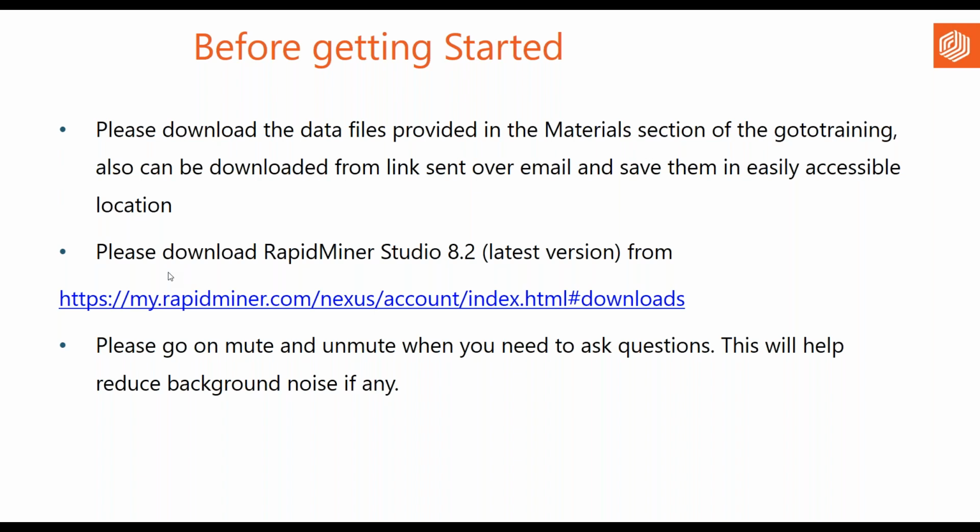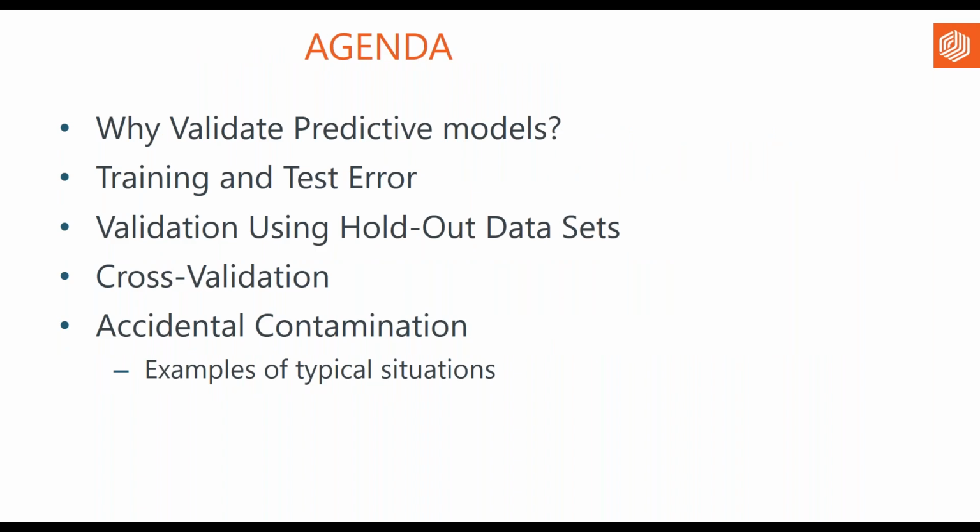Right. So, having said that, this is our agenda for the workshop. Basically, we will set a base or ground truth where we discuss why we should validate predictive models. What is the need? And a concept around training and testing errors.